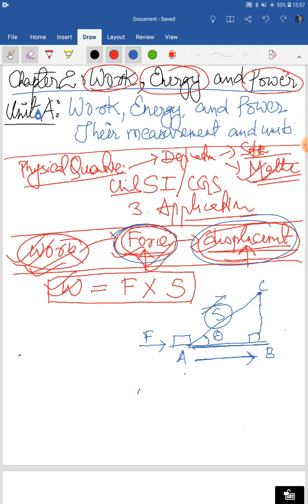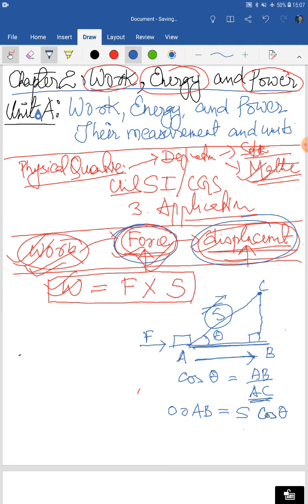From this triangle ABC, from the relation cos theta equals base by hypotenuse, I'll get AB is equal to AC, that is displacement S, so S cos theta.